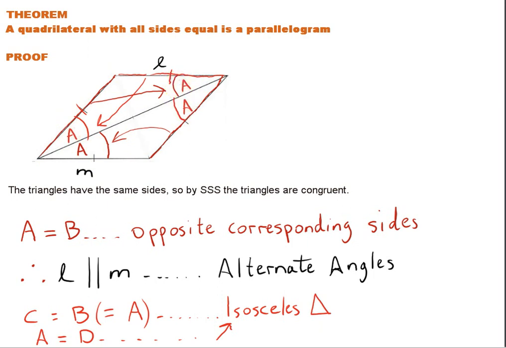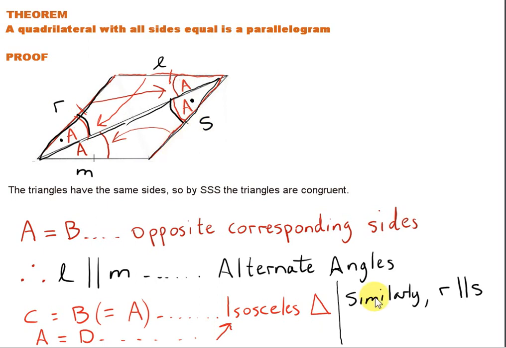Notice that we get another pair of alternate angles here. If we look at this Z shape, these two angles are equal to each other. And if they're equal, it means that this line is parallel to this line here. I'll call this line R and this line S. So in a similar way to how we proved that L is parallel to M, we see that R is parallel to S just by stating that these two angles are equal.